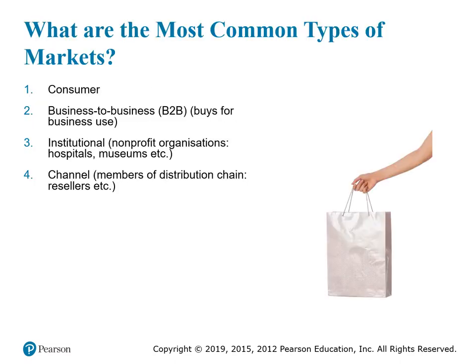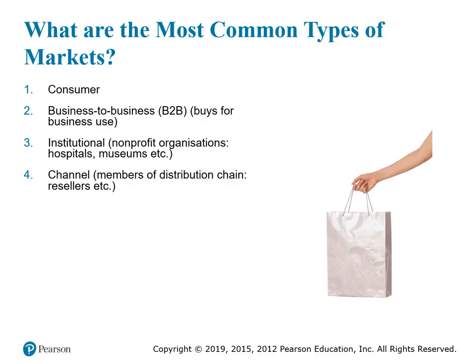So what are the most common types of markets? We have consumers, you and me, who purchase consumer goods, isn't it? We need clothes, we need shoes, we need books, we need computers, we need chairs, we need tables, we need sofas. These are consumer goods that we need and we will use in our own household.